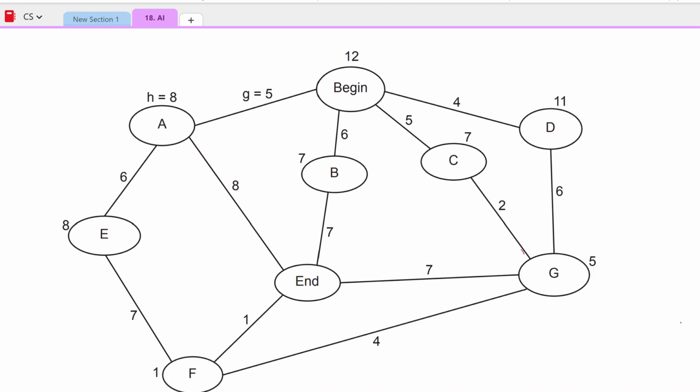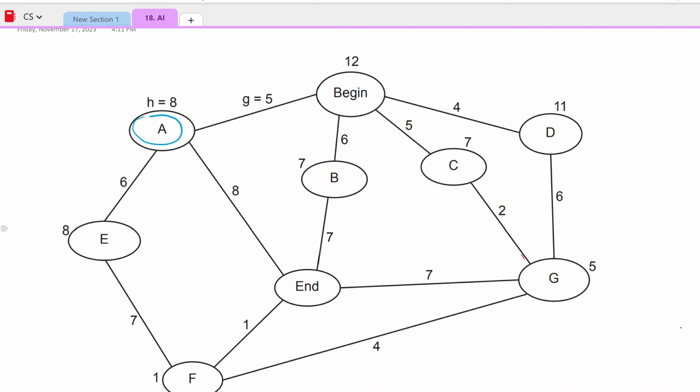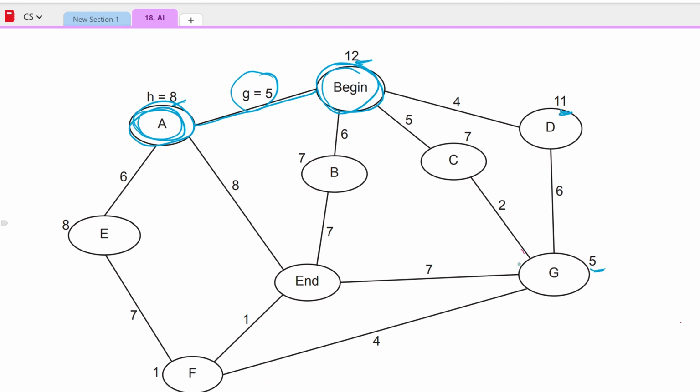Now when you see the graph, you know that these are our nodes or vertices, and the line between them is the edge. We already know about G. G is the movement cost from going from one node to the other node. But now we have another value added, which is H, the heuristic value that we need to take into account when calculating the shortest path.